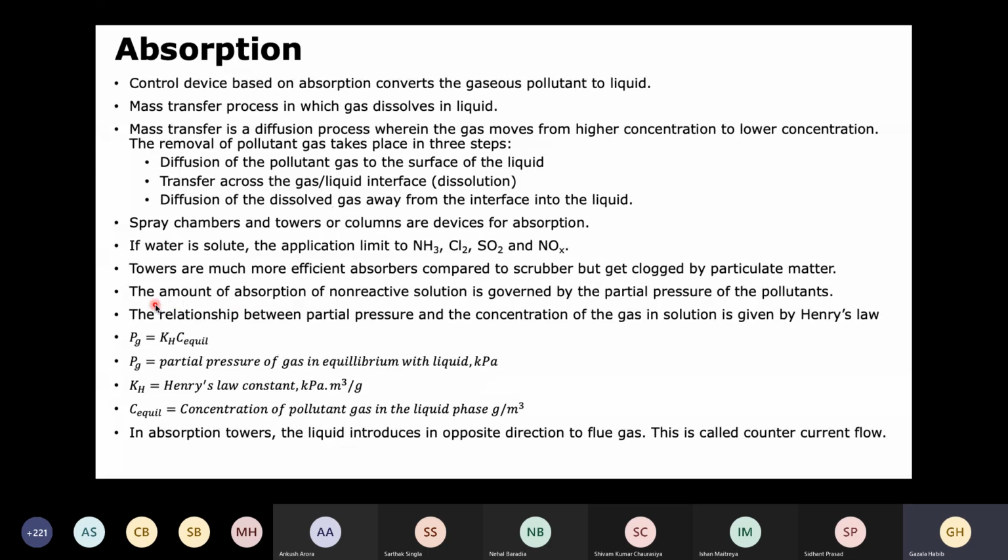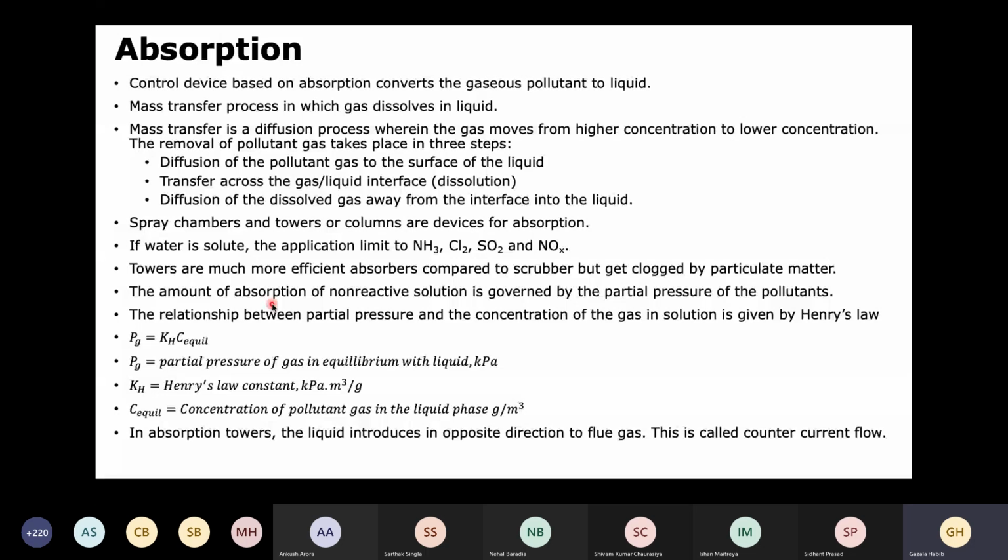You can sometimes achieve this even with the bag house filter. The water is sprinkled just before the bag house filter to remove the gaseous pollutant first, and after that the bag house filter is used to remove the particles.